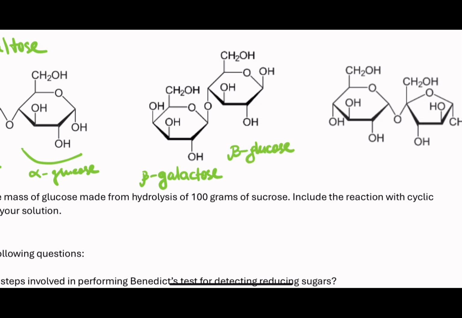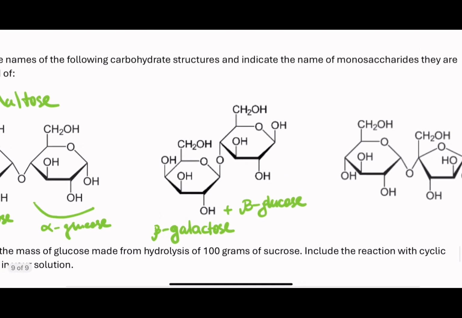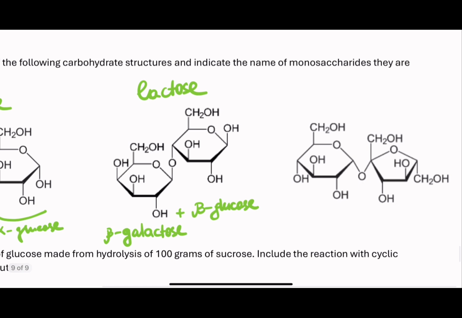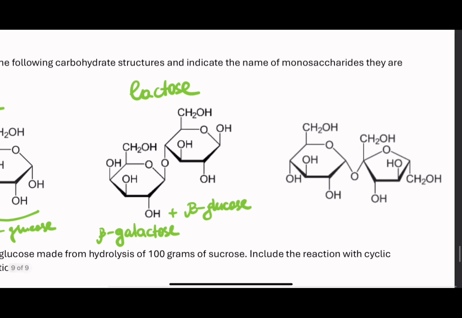So beta galactose and beta glucose, when they combine together, give you lactose. This is also in your PPT on page 88, and then we have this one in here.